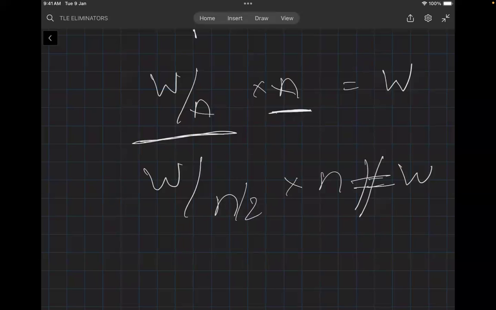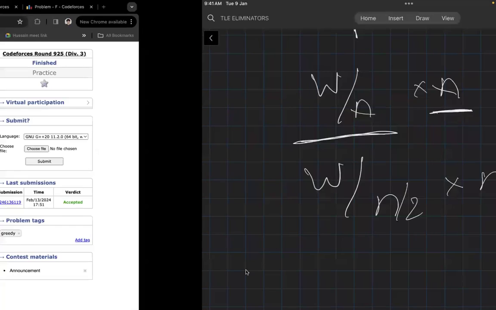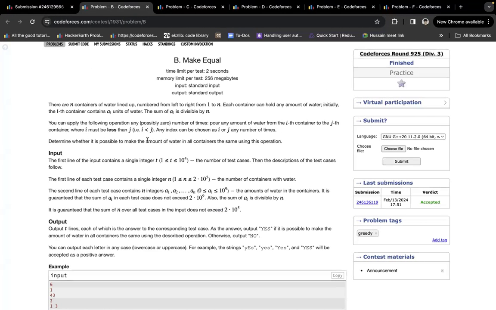But I am saying why it cannot be 2 and 8 or something like that. The problem asks that each container should have the same amount of water, no? So it should be 5 and 5. It cannot be 2 and 8. That is what the question asks.